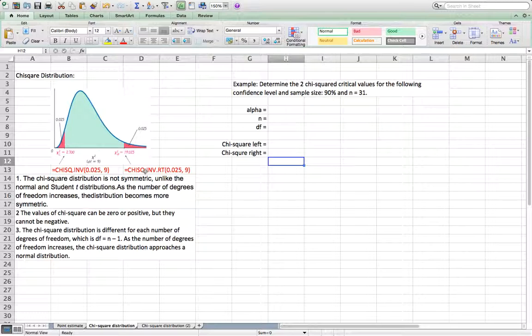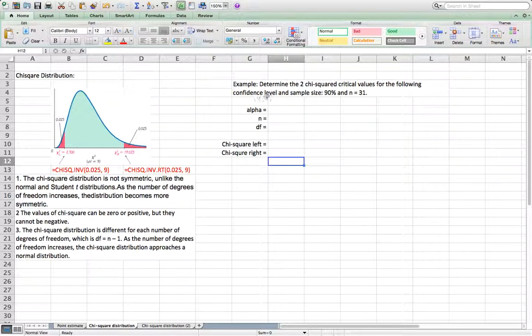We use CHISQ.INV.RT, give the probability, which is the area of the right tail, then give the degree of freedom, for example 9. If you want to calculate the left chi-square value, you will use CHISQ.INV with the area of the left tail and the degree of freedom.